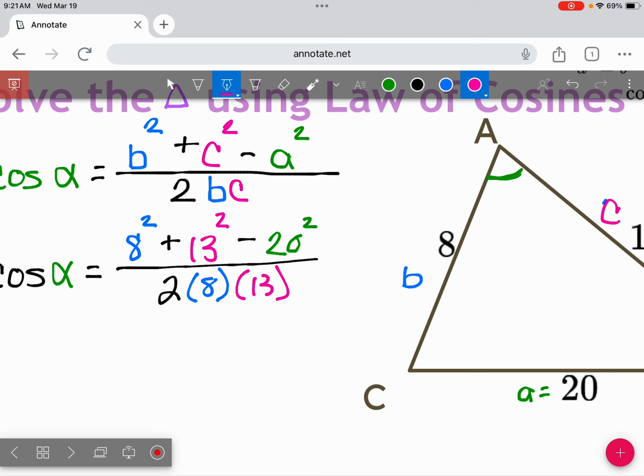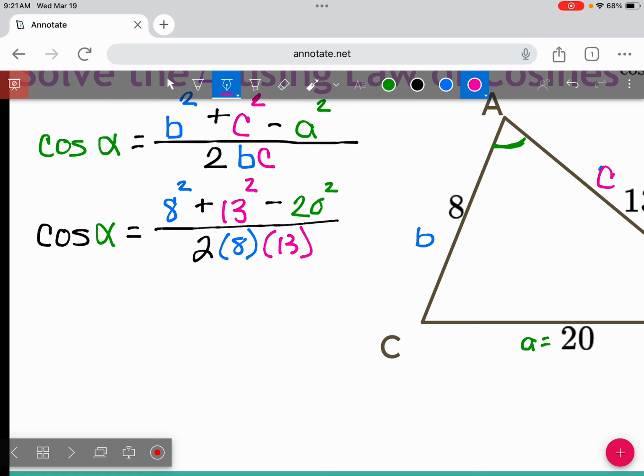Oh, yeah, it's like you're a step ahead of me. I was gonna say we're headed there. Minus 20 squared. That's not 20 squared. There you go. And then, yeah, that's your numerator.